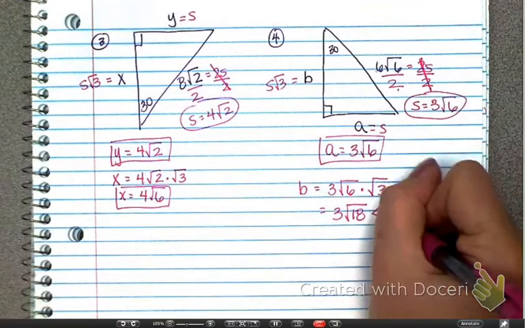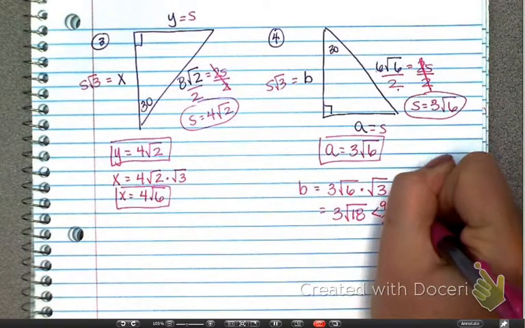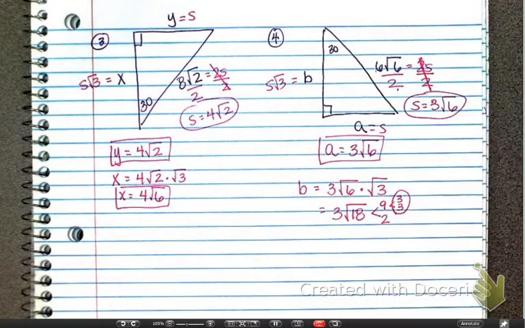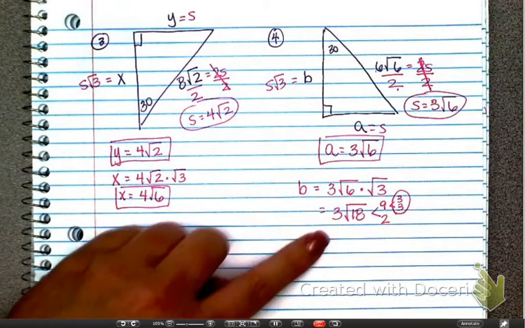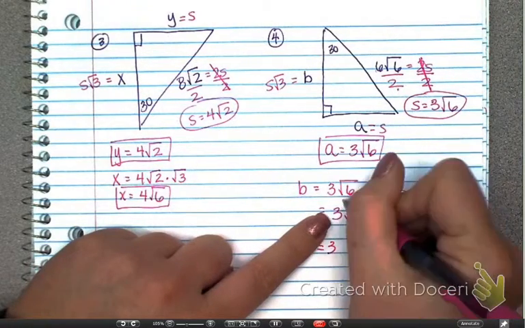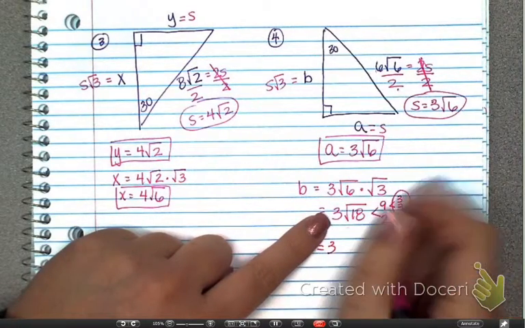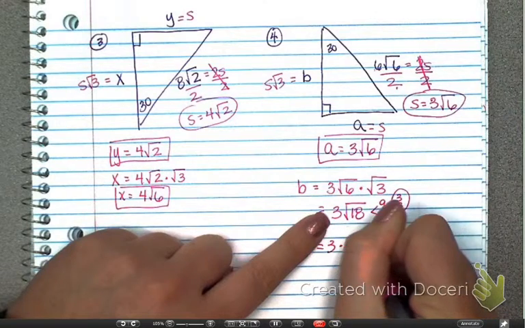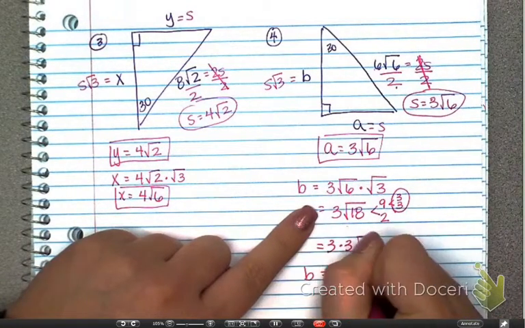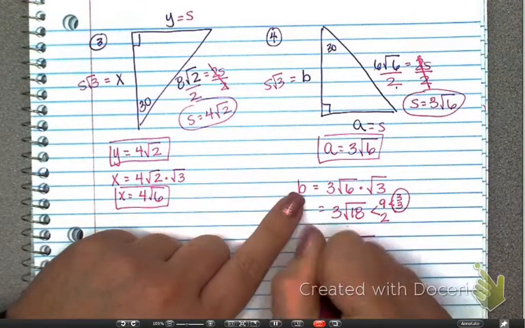Because 18 is 9 times 2, and then 3 times 3. So I have a pair of 3's. This 3 on the outside stays, and then I'm simplifying the radical 18. So the 3 comes out, the 2 stays inside. Final answer for B is 9 radical 2.